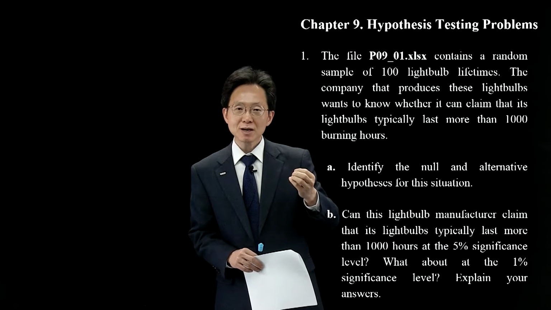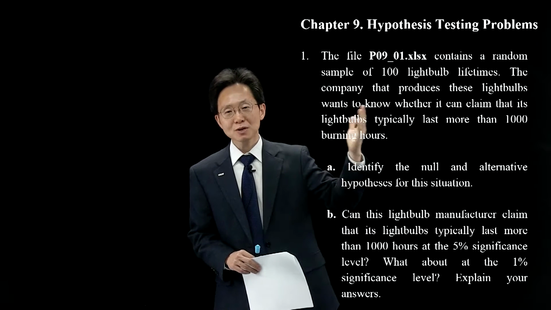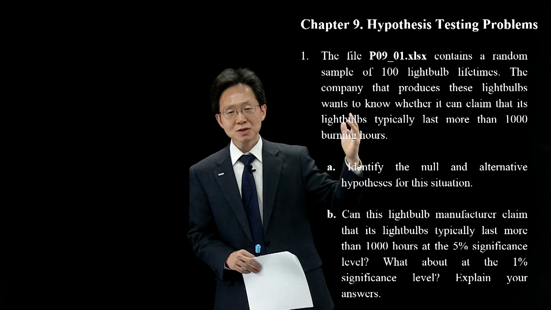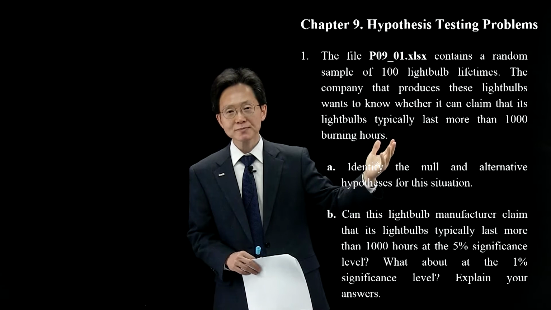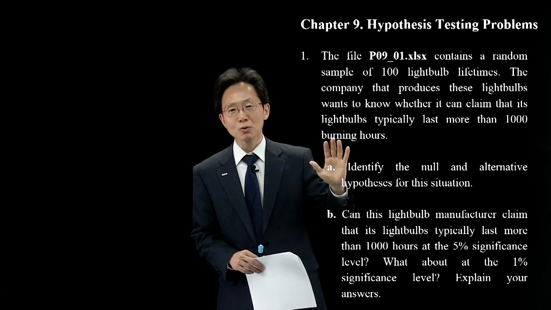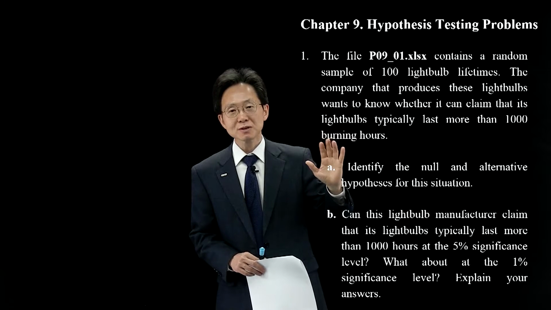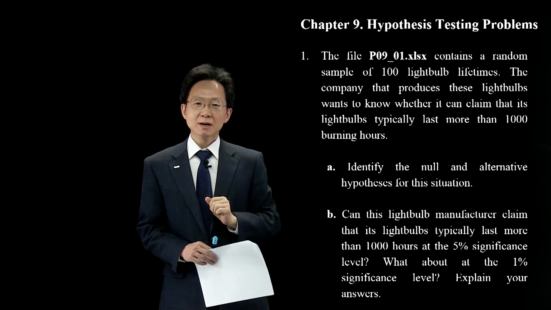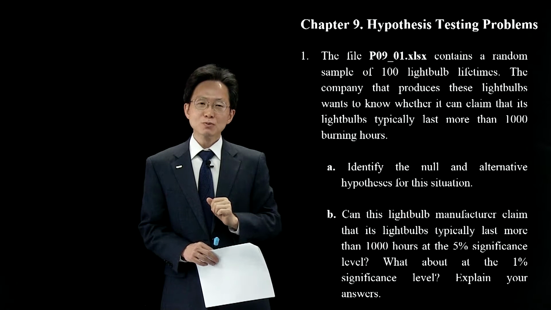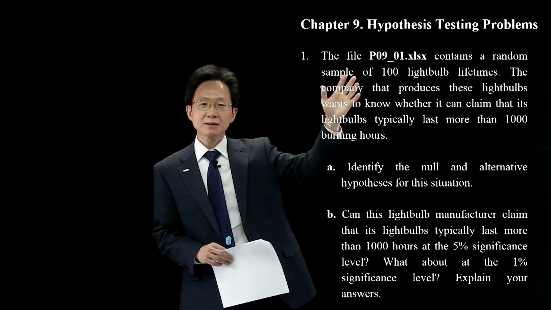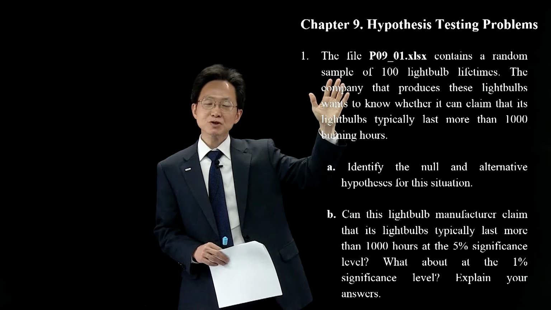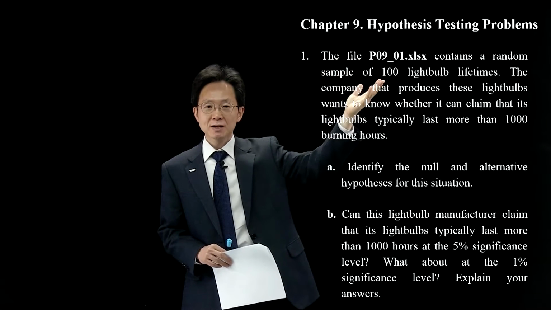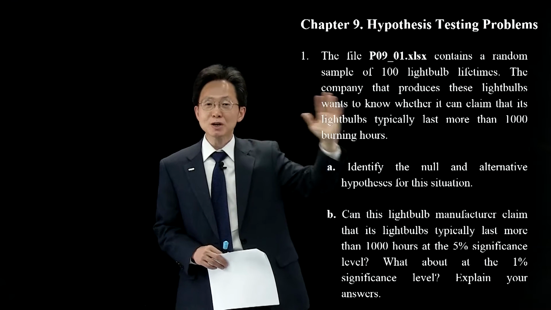In that case, you can use historical data and historical information to show that your statement is really true. Okay, and I want you to work on getting the sample mean and sample standard deviation from this data file. And I suppose you can do it.